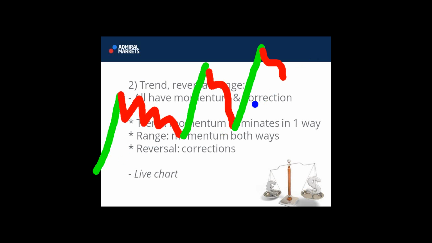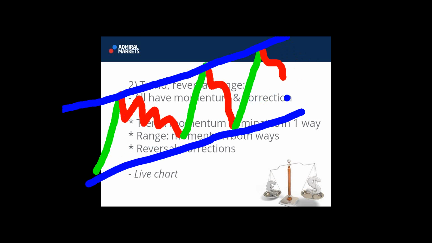But the impulses to the upside will have more steam, will push further, and generally we'll see a channel like that. So there is an uptrend, and we will see upside momentum going further and happening more often. Doesn't mean that downside momentum cannot happen, but more often there will be bearish corrections within this uptrend.